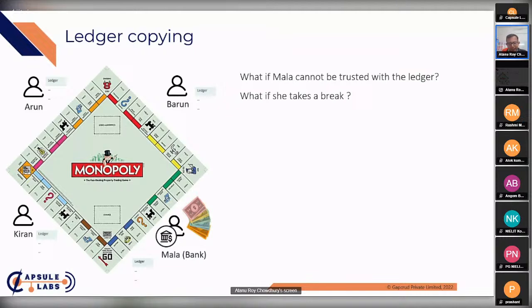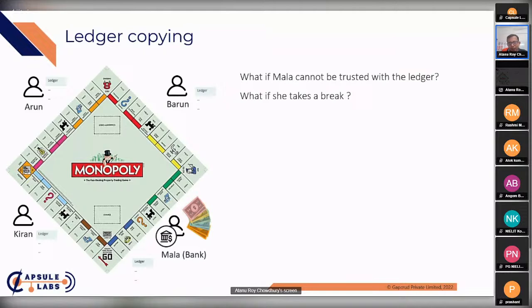If everybody is maintaining their own ledger, they are all writing all the transactions that are happening, and because all of them are writing the same transactions as they observe them, things should be good. We are solving the problem of a single point of failure by distributing the information across all the different players. So that way we hope to resolve it, right?